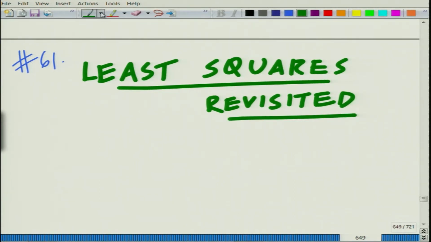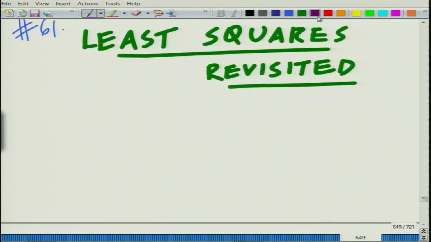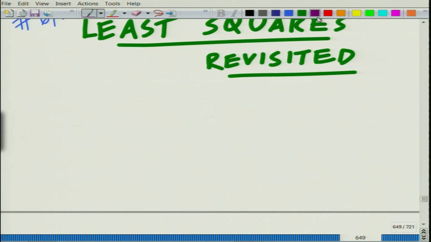Now, you remember the least squares is a very popular framework, has several applications in wireless communication, signal processing, machine learning, and everywhere essentially, linear regression and so on and so forth. So, let us take a deeper look at it.